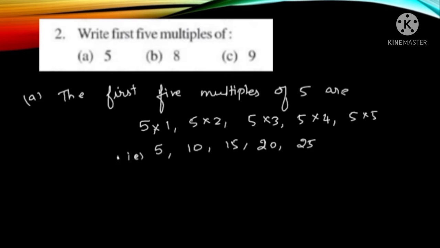So the first 5 multiples of 5 are 5 into 1, 5 into 2, 5 into 3, 5 into 4, 5 into 5. That is nothing but 5, 10, 15, 20, 25.